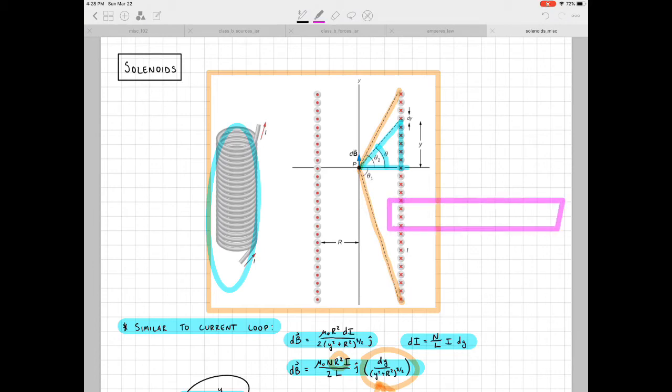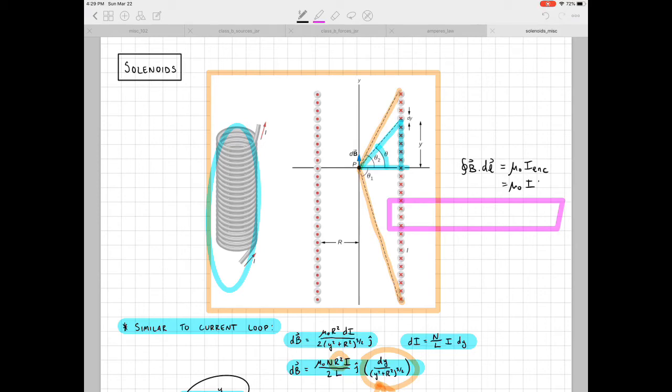All right, so there's my Amperian loop, and we know that if you do this integral, it's got to equal mu naught times I enclosed. And so in this case, I enclosed is equal to whatever the current is in the wire. And then we've got 1, 2, 3, so 4 loops.